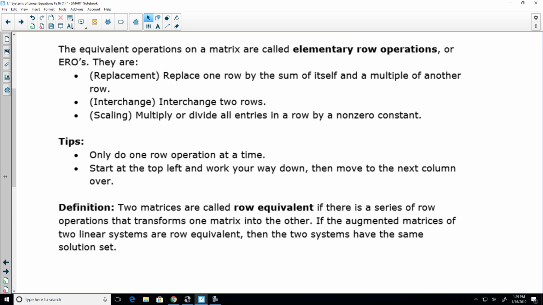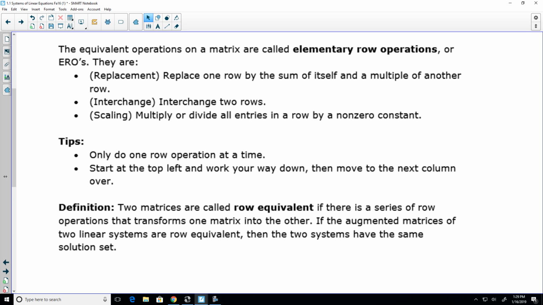So I can replace one row by the sum of itself and a multiple of another row. I can multiply a row by a constant and add it to another row, and that's fine. Sometimes I'll call that adding a multiple of one row to another. Multiply one row by something and add it to another to try to eliminate variables.